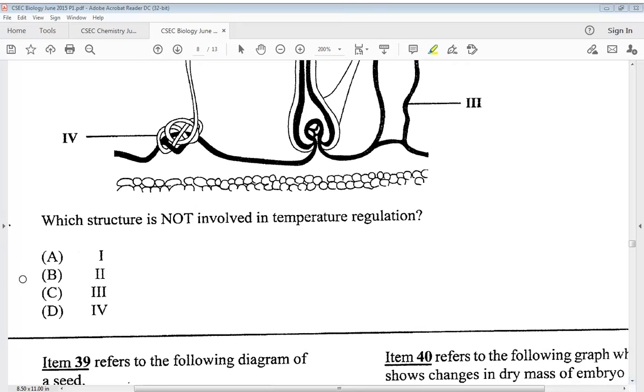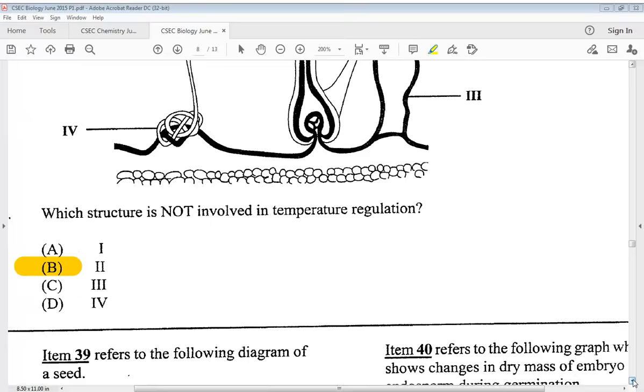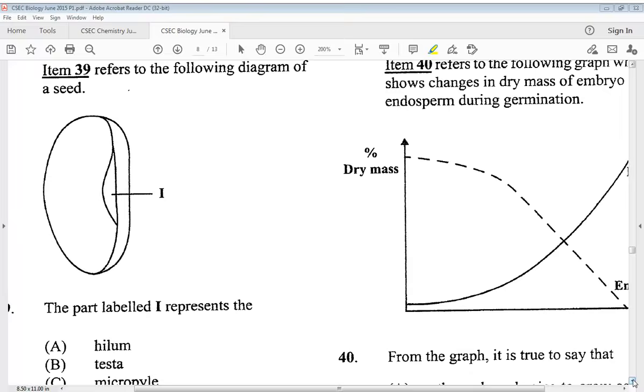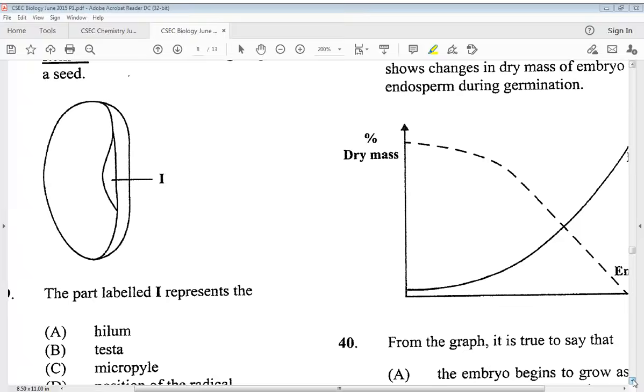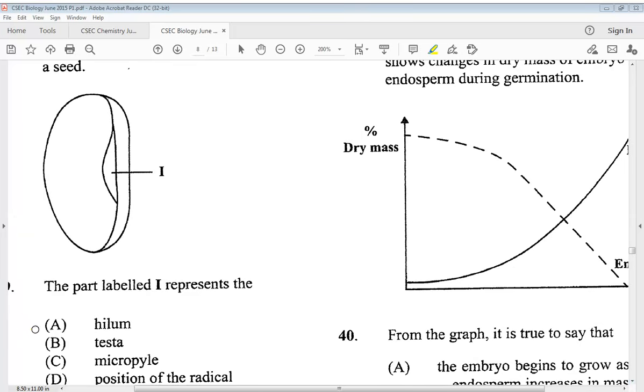The answer is B, 2. So item 39 refers to the following diagram of a seed. The part labeled 1 represents the... answer is A.